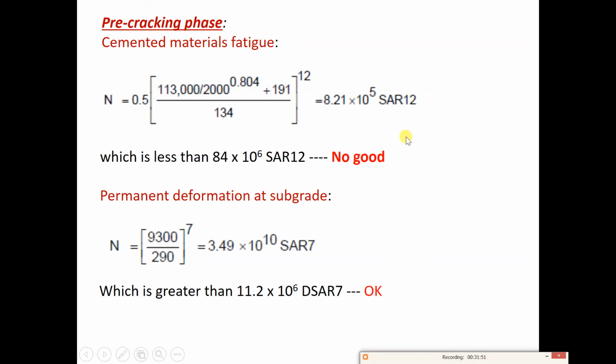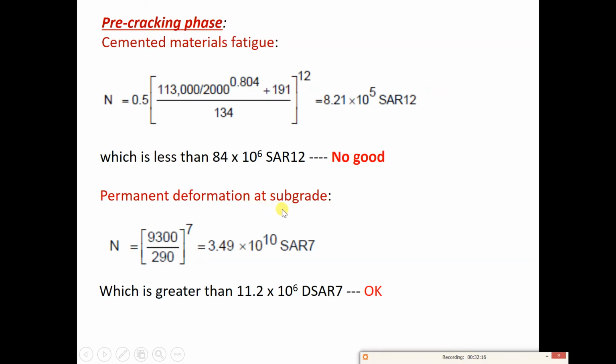Then after it has cracked, we don't consider the tensile stress again. So after cracking, in the post-cracking stage, we only consider the asphalt tensile stress as well as the deformation at the subgrade. So this pre-cracking check did not pass.